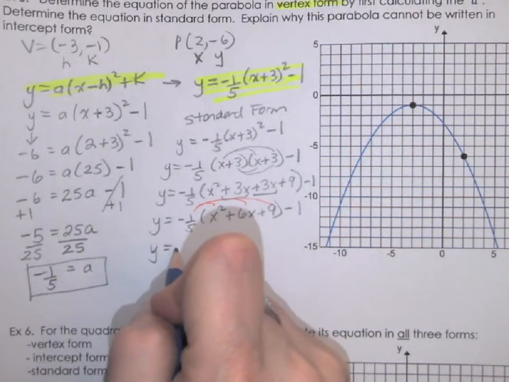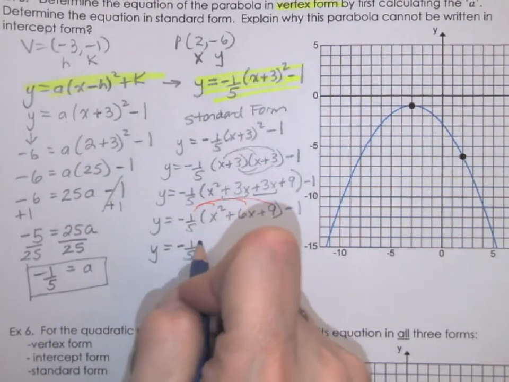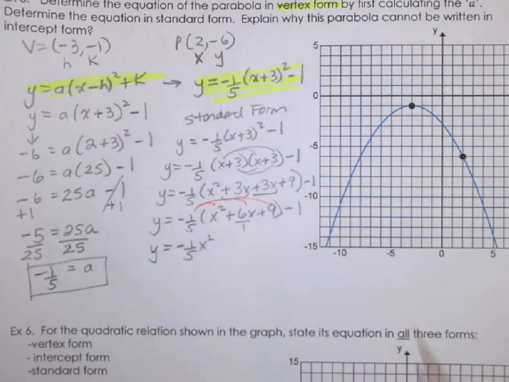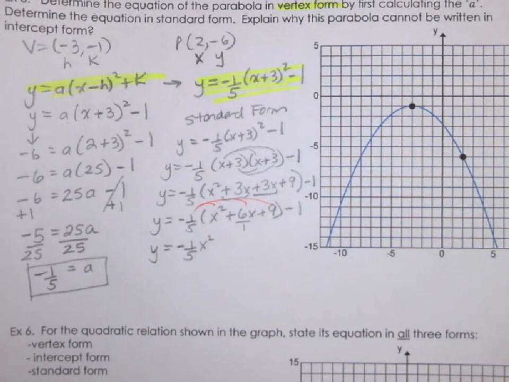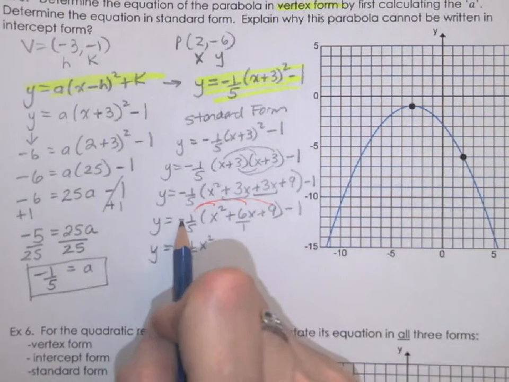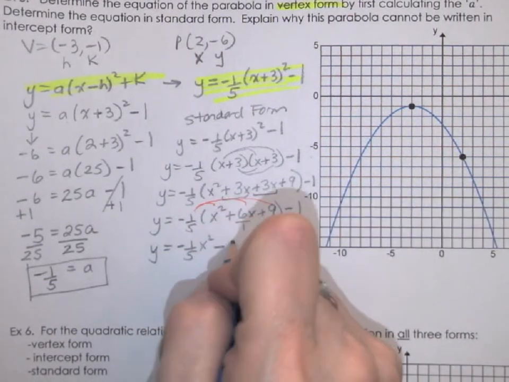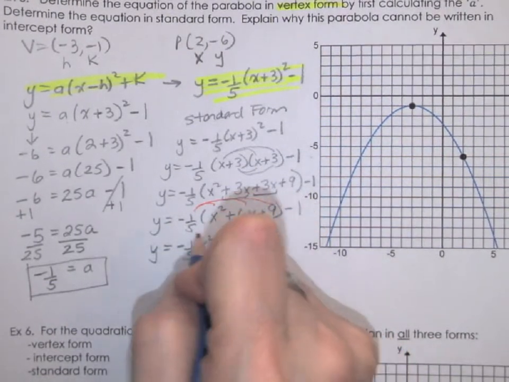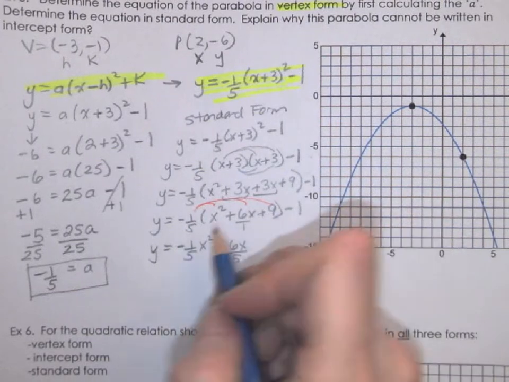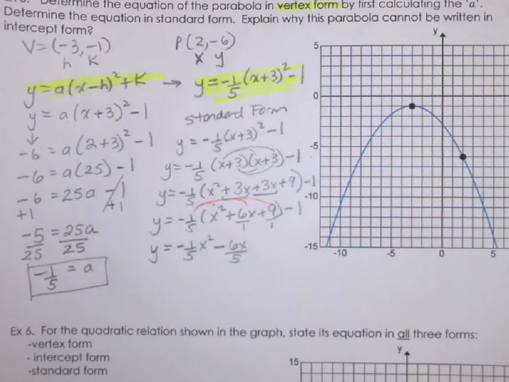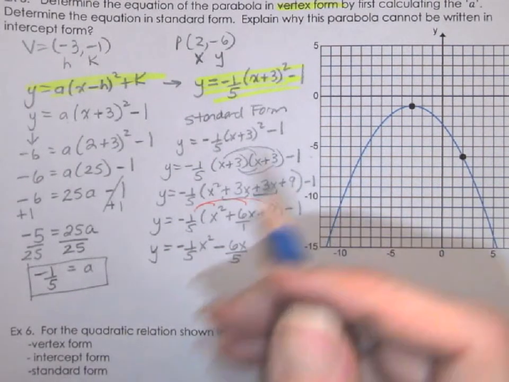So negative 1/5 times x squared is negative 1/5 x squared. Remember, I can think of that as plus 6x over 1. So that's going to give me negative 1 times positive 6x is negative 6x over 5 times 1. And then I can think of positive 9 as positive 9 over 1.